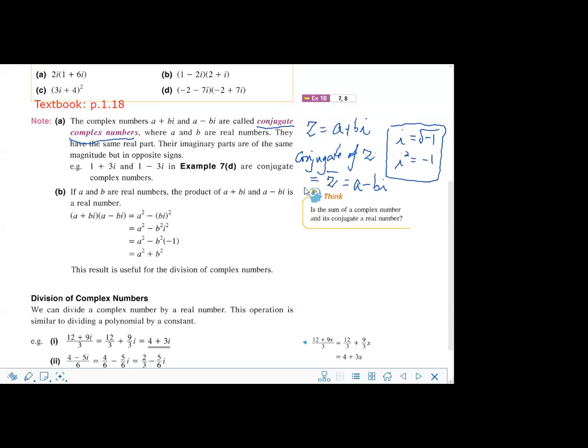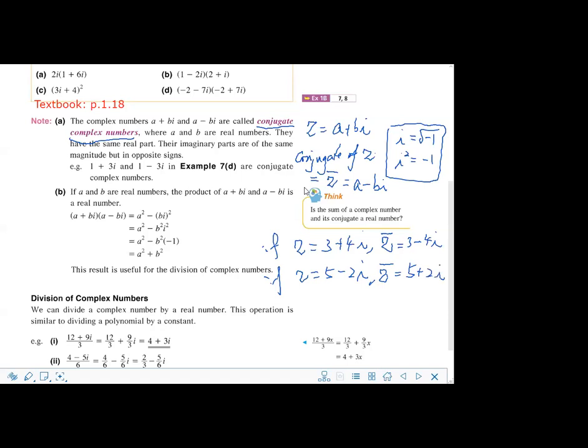Just like this. For example, if we have Z is 3 plus 4i, then Z bar, that is the conjugate of Z, will be equal to 3 minus 4i. If Z is equal to 5 minus 2i, then Z bar, the conjugate of Z, will be equal to 5 plus 2i.